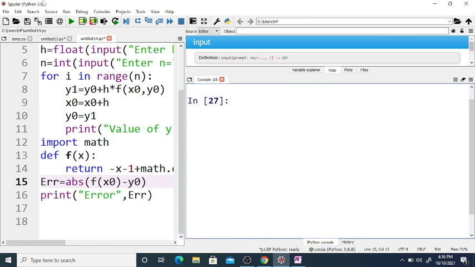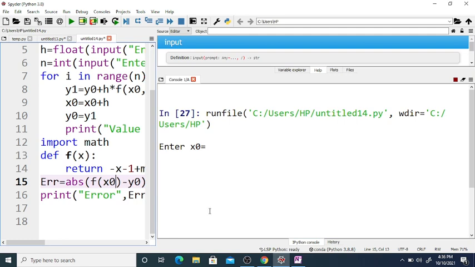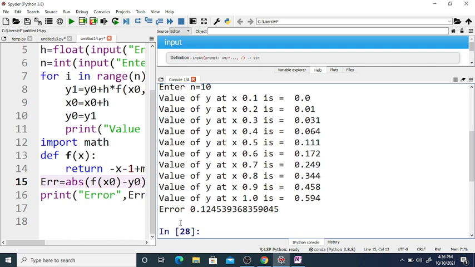Clear? Now if you run, say x0 is 0, y0 is 0, h is equal to 0.1, number of steps 10. Now you can see here the error is 0.124.